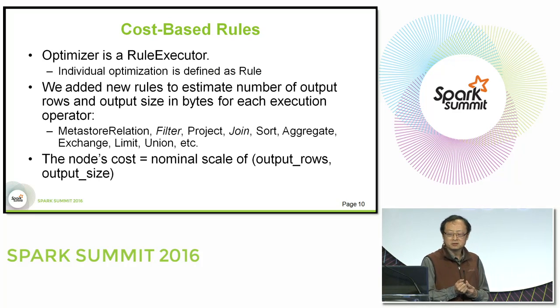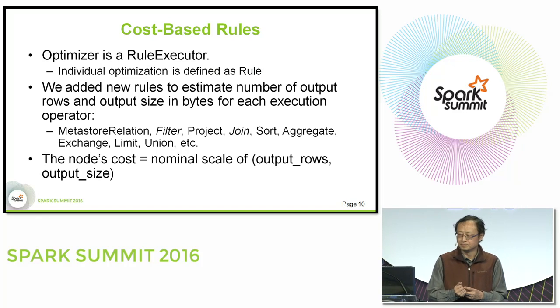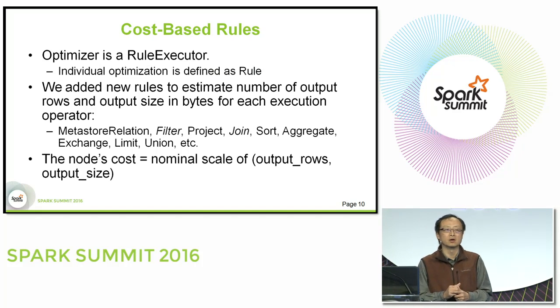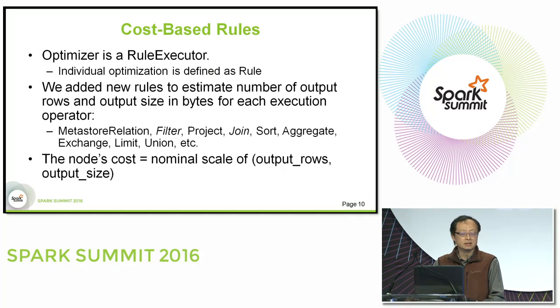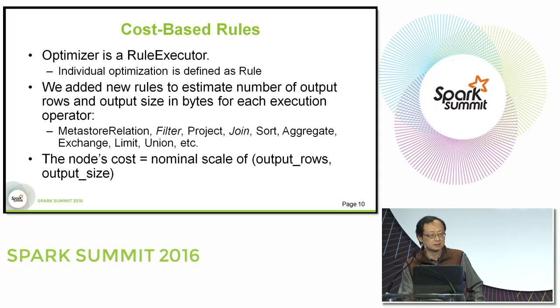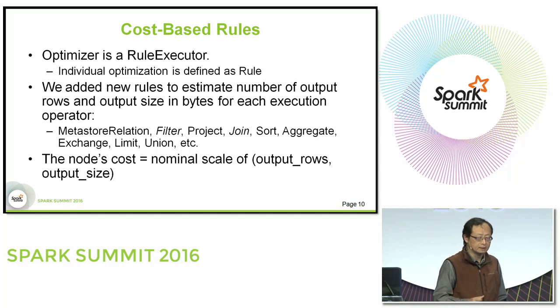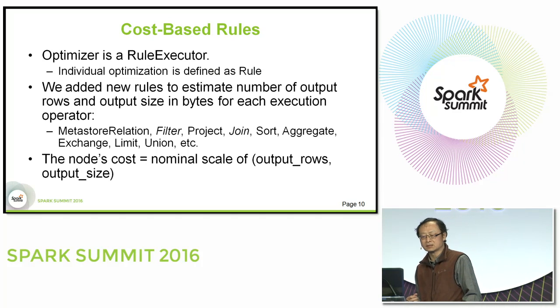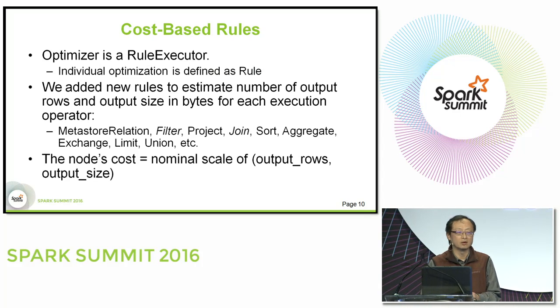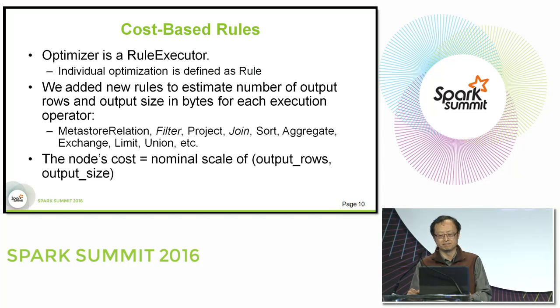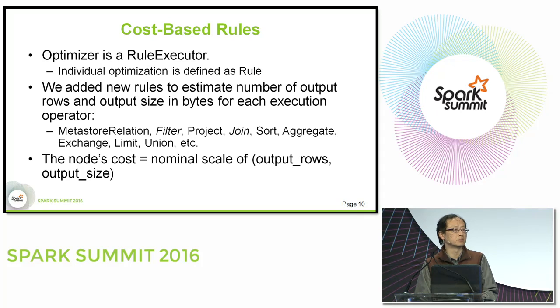So in the previous talk, we know that the Spark SQL optimizer is basically a rule executor. Each individual optimization technique is defined as a rule. For us, we still maintain the Catalyst architecture. So we basically added some new rules to estimate the number of output rows and the output size in bytes for each execution operator, such as metastore relation.